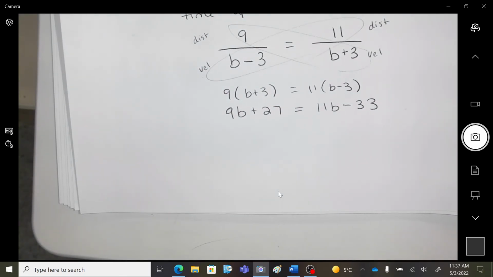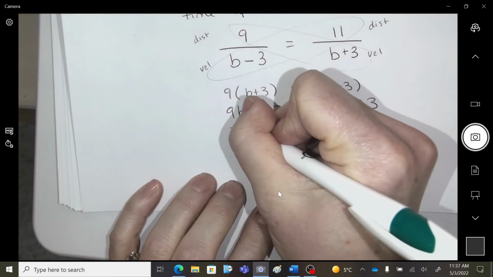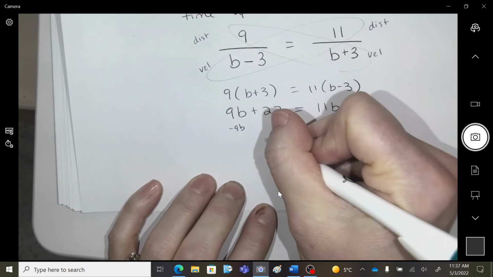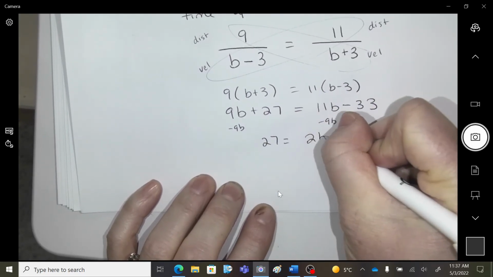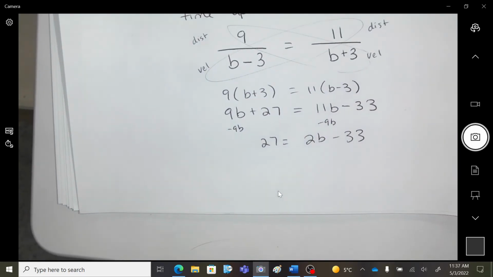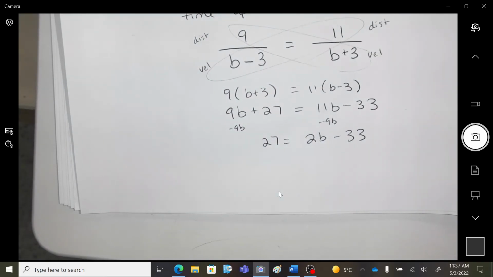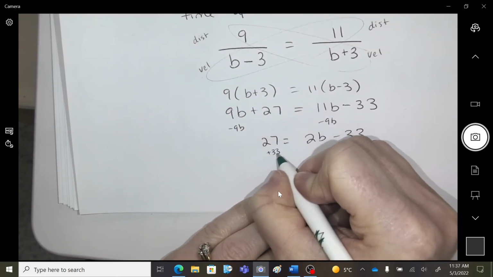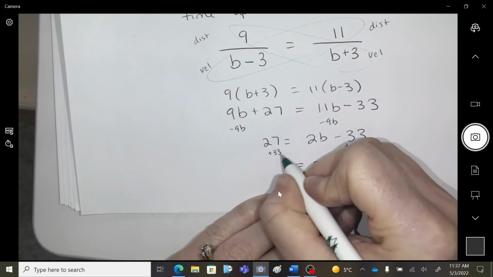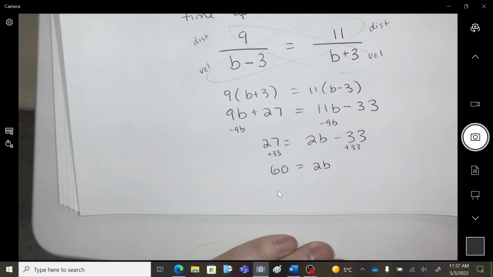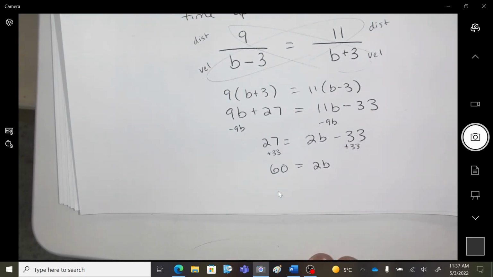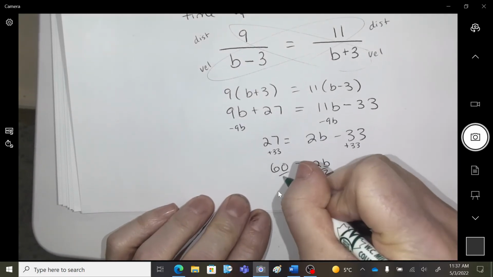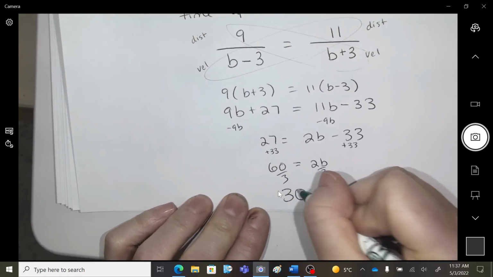Okay, I'm going to gather the b's together with algebra, so minus 9b. And I'm going to add 33. And divide by 2. So 30 is the boat speed.